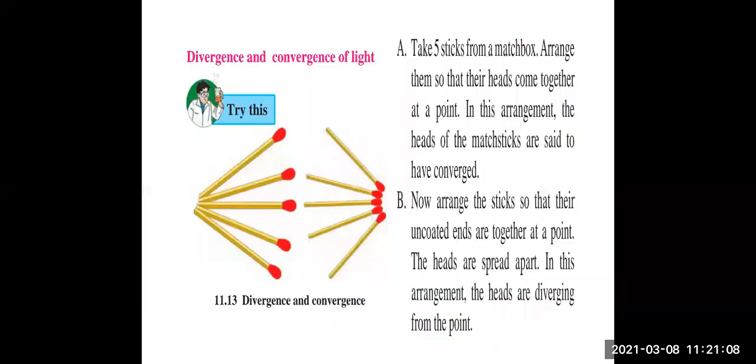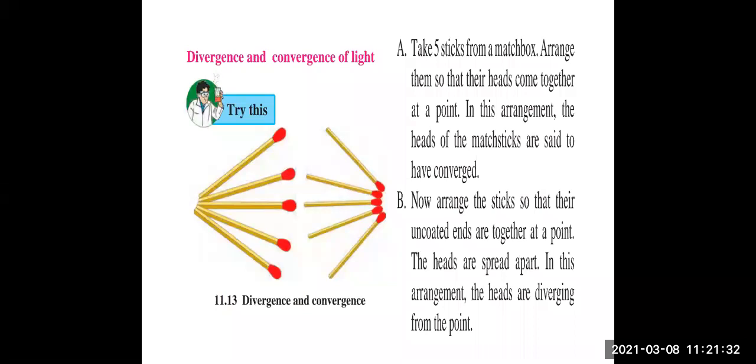Then the next interesting topic is divergence and convergence of light. Now, this is a small, simple, and easy activity to understand the concept of divergence and convergence. Take 5 sticks from a matchbox.